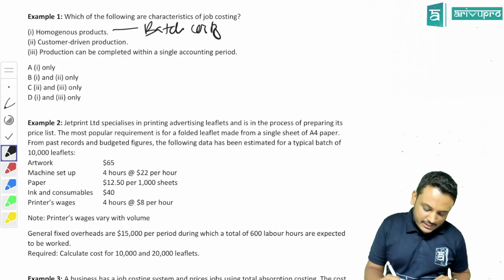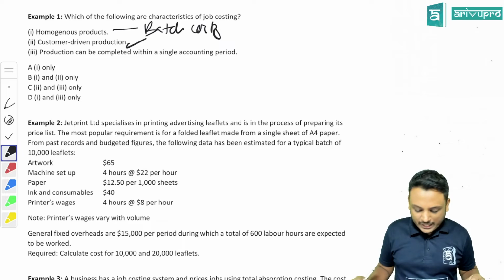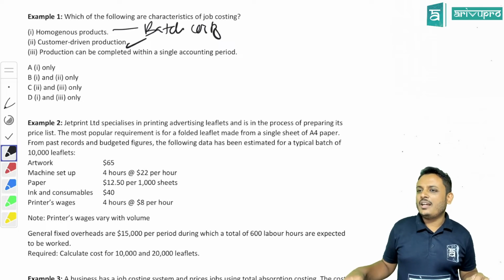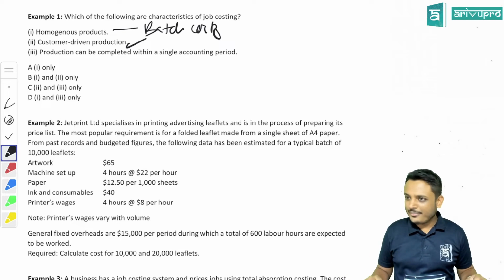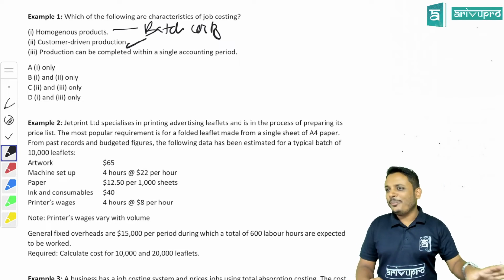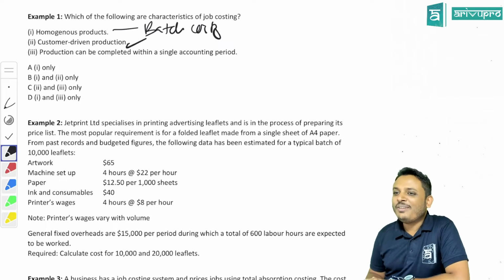Customer driven production, correct. Production can be completed within a single accounting period. Generally, job costing is done within a short period of time. There are exceptional situations also. If you are building a house, that is also a job. Can we complete the construction within one or two days?